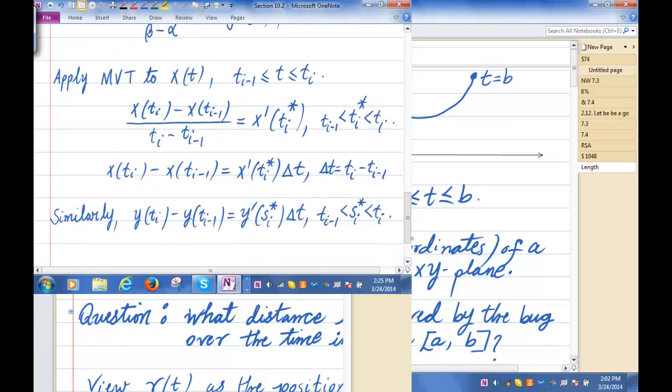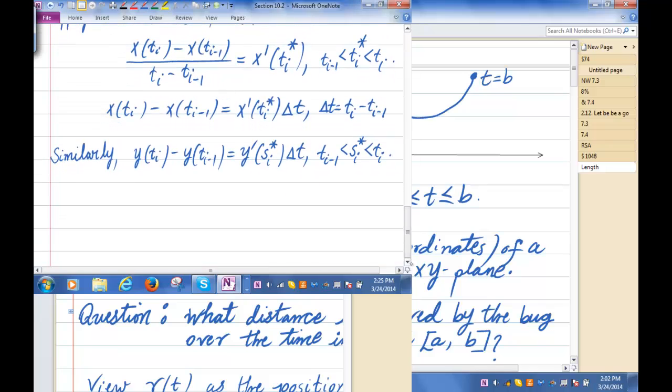So what's the distance between p i minus 1 and p i now? X of t i minus x of t i minus 1 would be replaced with this quantity here. So I get x prime of t i star, and then I have delta t.